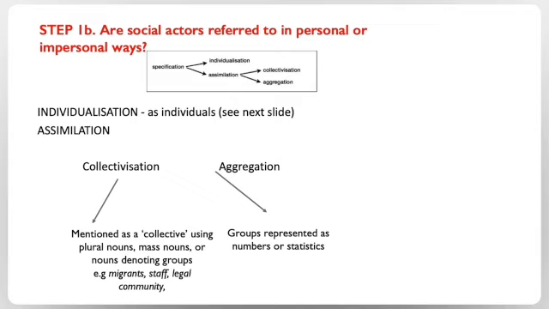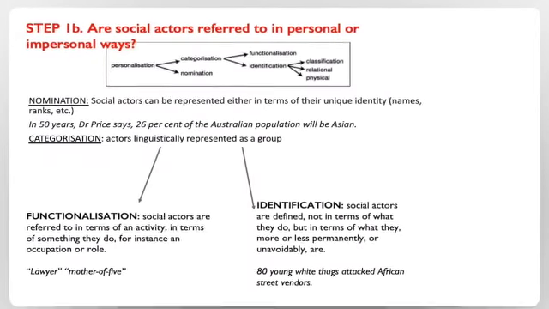In the UK there is this big reference now to the Brexit vote, and you can say the 48%. It's not even a name. It's not even a linguistic label. It's just a number. So we call this aggregation. Collectivization is when we refer to people using collective nouns. Aggregation is when we just use numbers. So this is what we call assimilation.